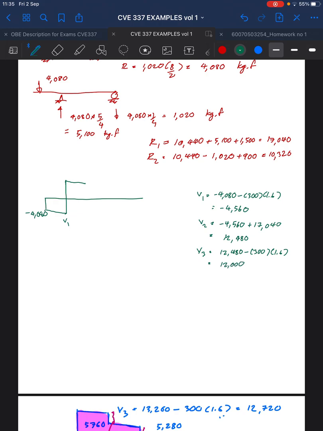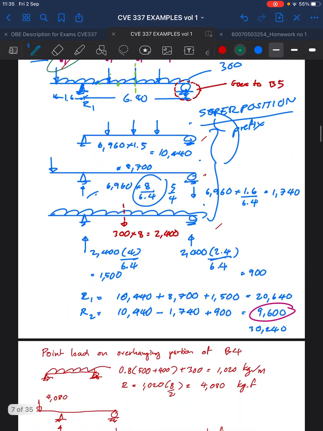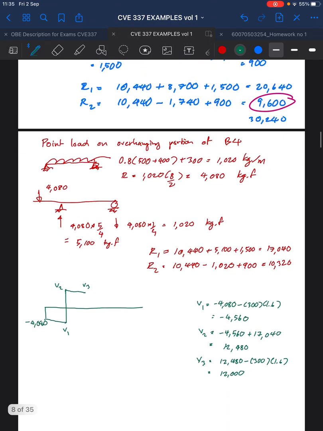Okay, that's your V2 and then V3, and then you meet another point load. That point load is correct, which is 6960. That's the one. So V4 is 12,000 minus 6960, okay, so it's 5040.